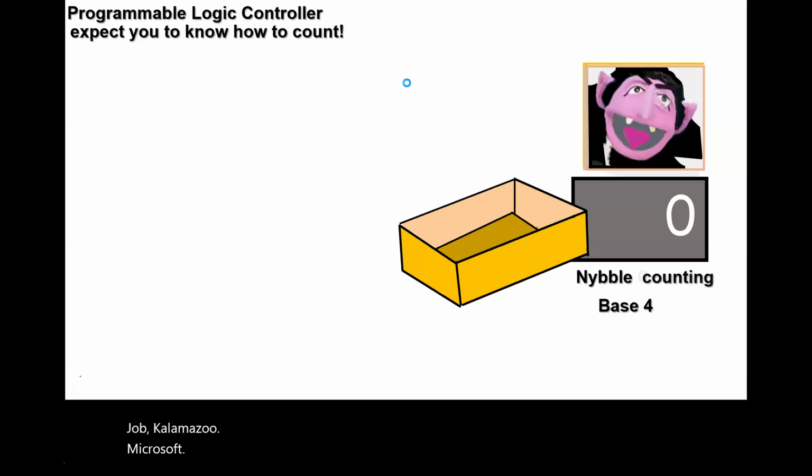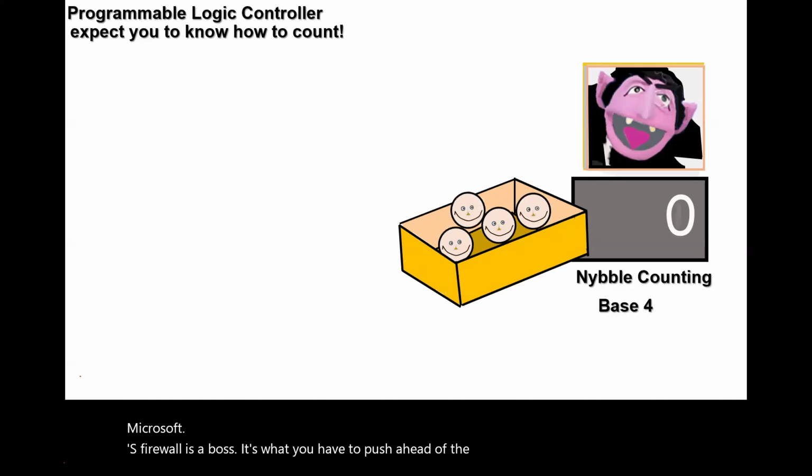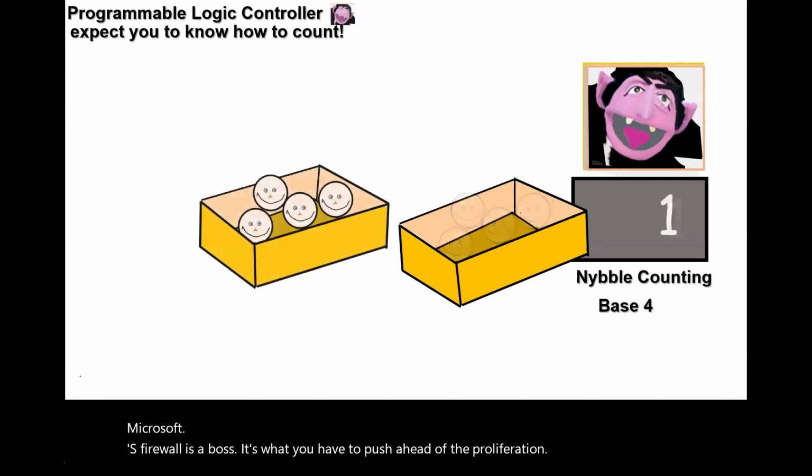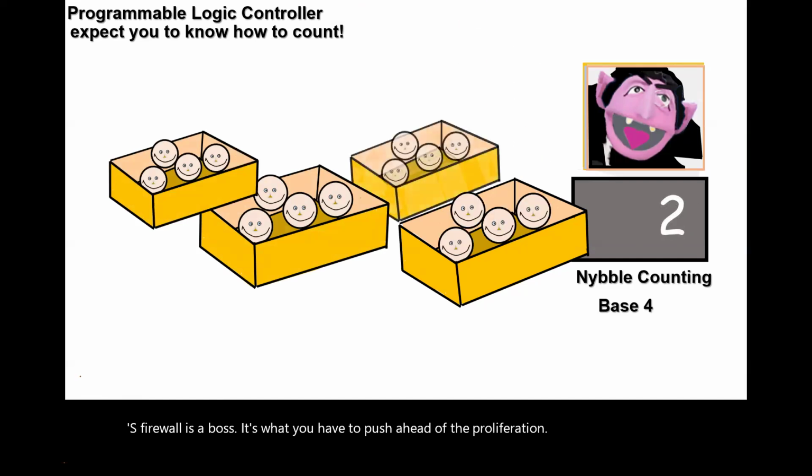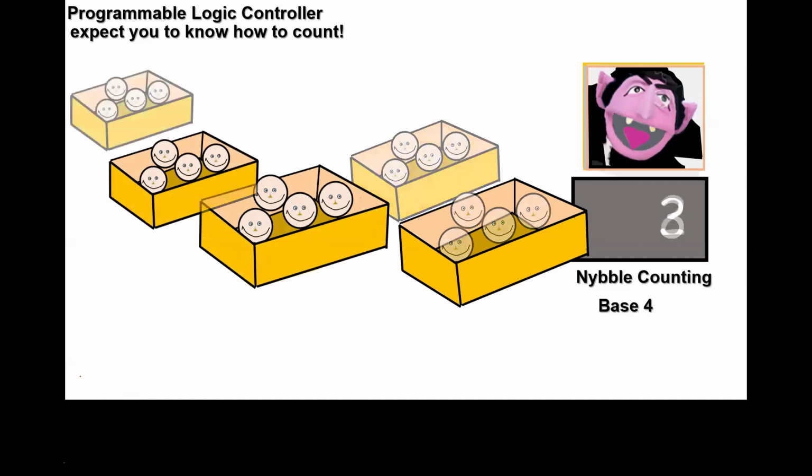There's a box. There's nothing in it. We're going to count in base 4. So we filled up one box already. Now we filled up the second box, or we're working on the third box.